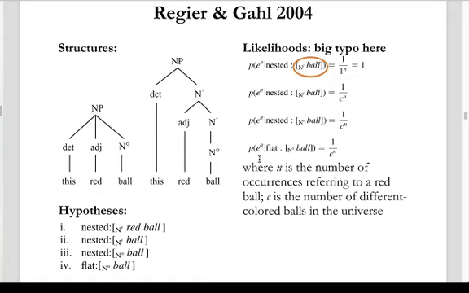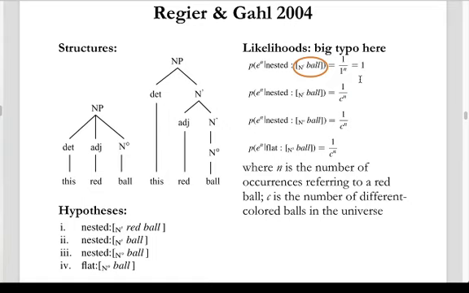Now, regardless of how many different colored balls there are, right, if we hear a certain number of sentences where "one" clearly refers to a red ball in context, then the likelihood that our nested multi-word antecedent theory assigns to hearing such a sentence in such a situation is always 1. Right?